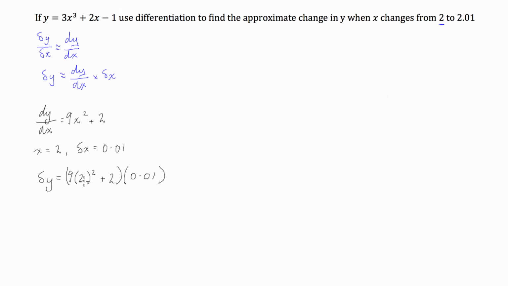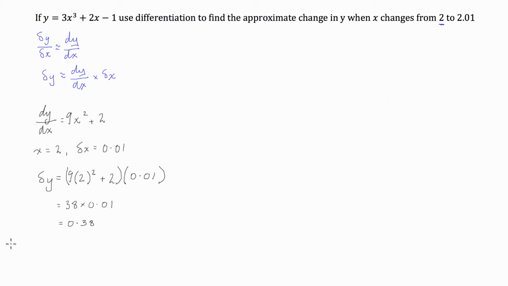So what do we have here? 9 times 4 is 36, plus 2 is 38, times 0.01, which is equal to 0.38.